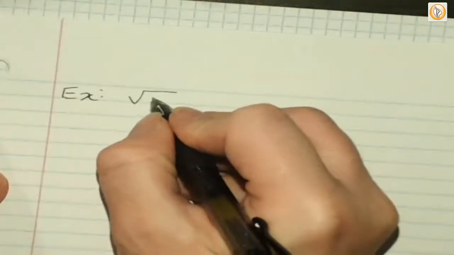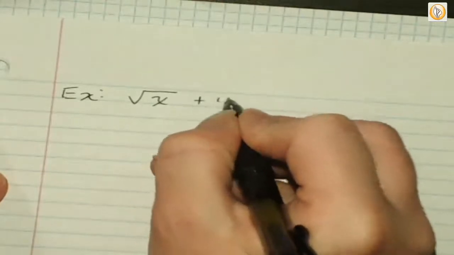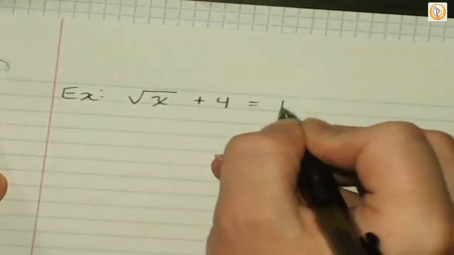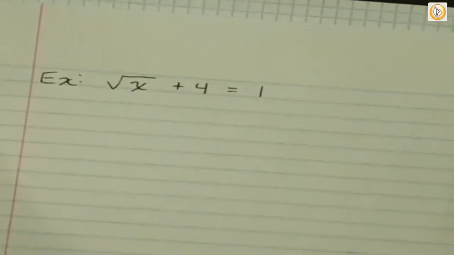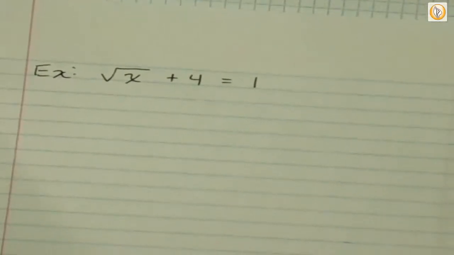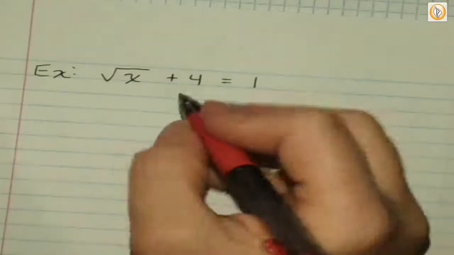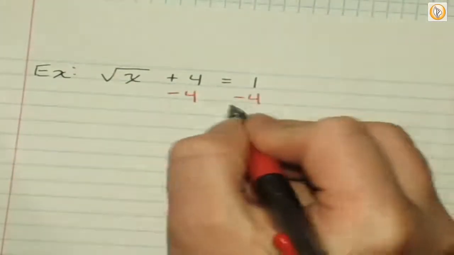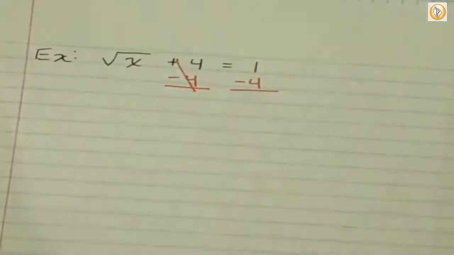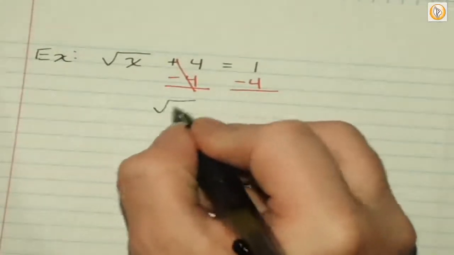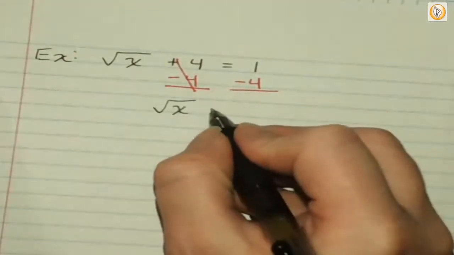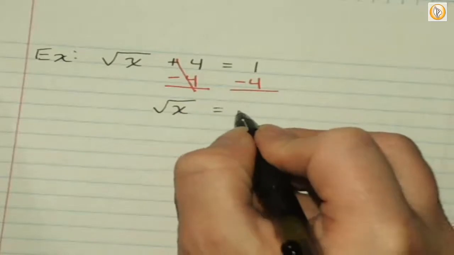All right, let's do another one. Square root of x plus 4 equals 1. Tell me how to do it. You isolate the variable. So you subtract 4 from both sides. And I get radical x equals negative 3.